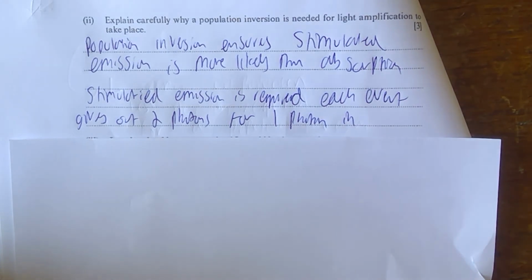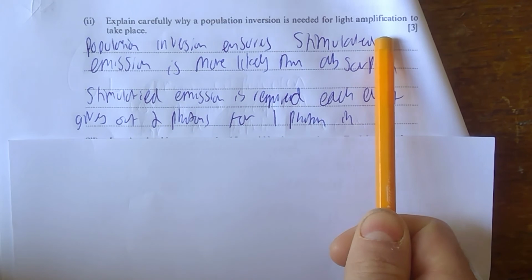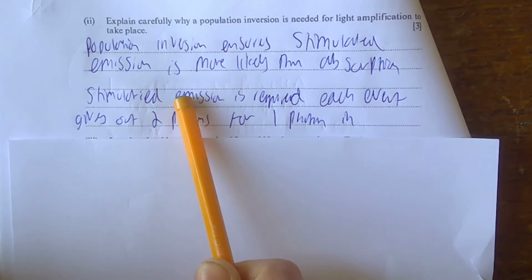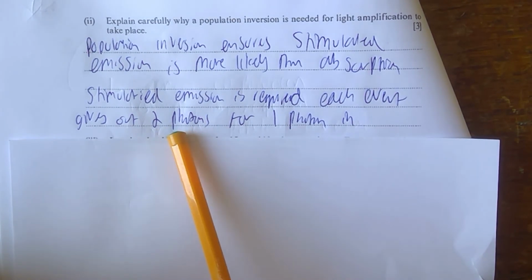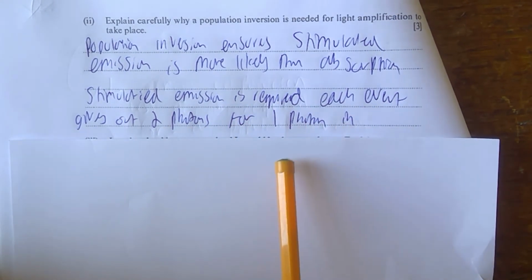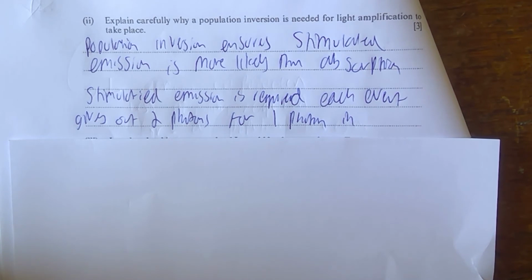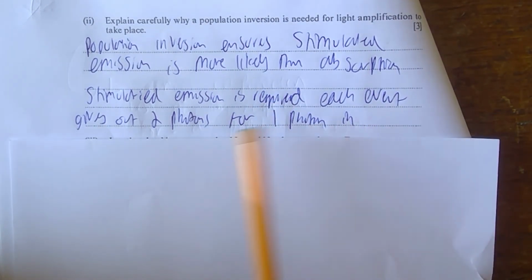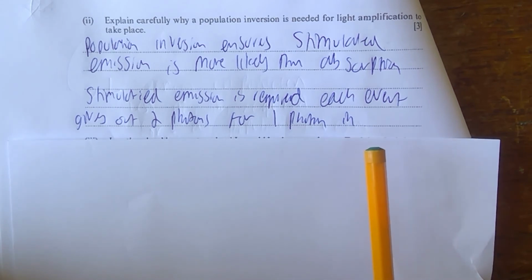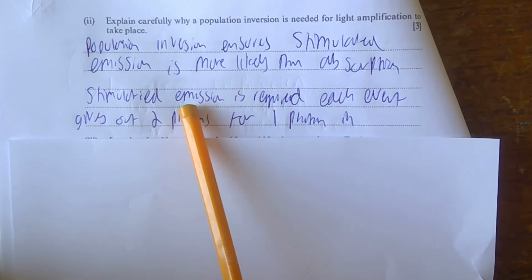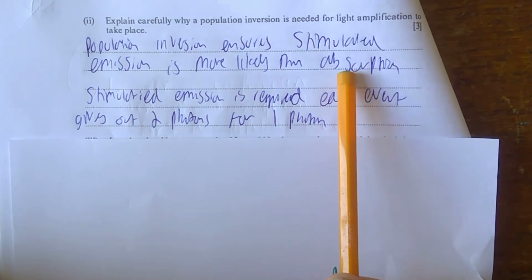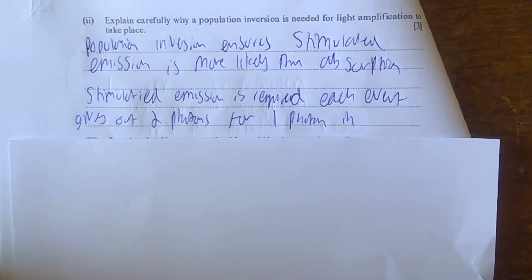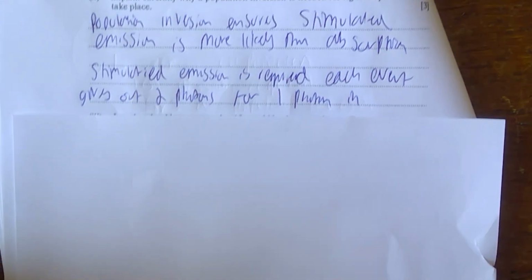It's asking us about the light amplification, so we need more light coming out than what we put in. Stimulated emission allows us to have 2 photons out in each event for 1 photon in. 1 photon can knock an electron down, releasing another photon, and I've still got the original photon. And we need to have the stimulated emission being more likely than absorption. We don't want to reabsorb all of that laser light, so you have to have your population inversion.